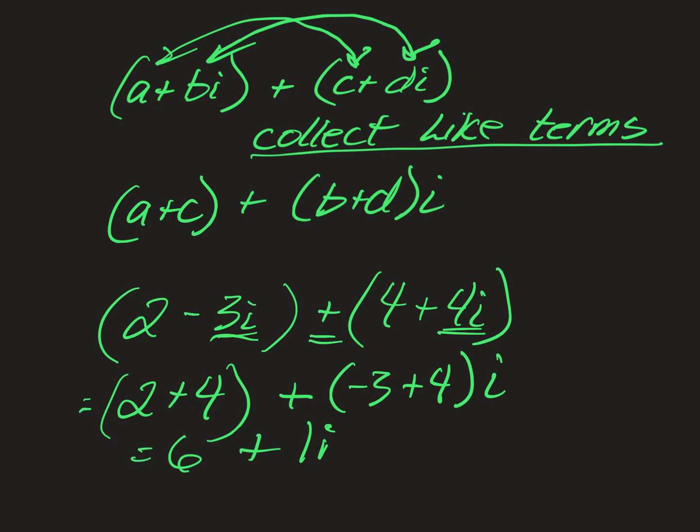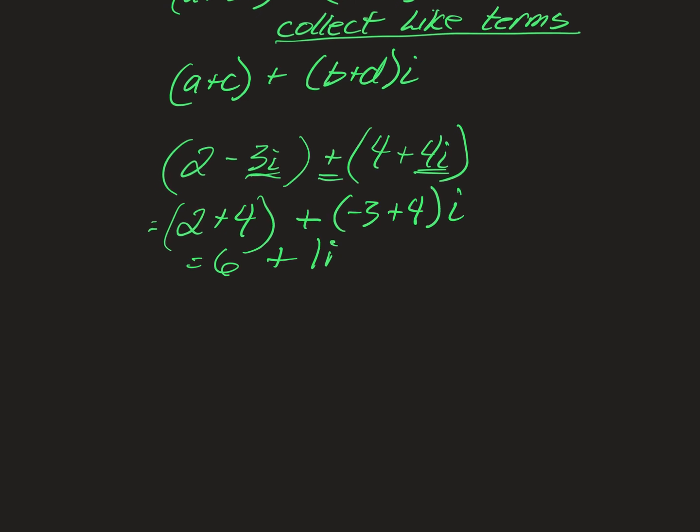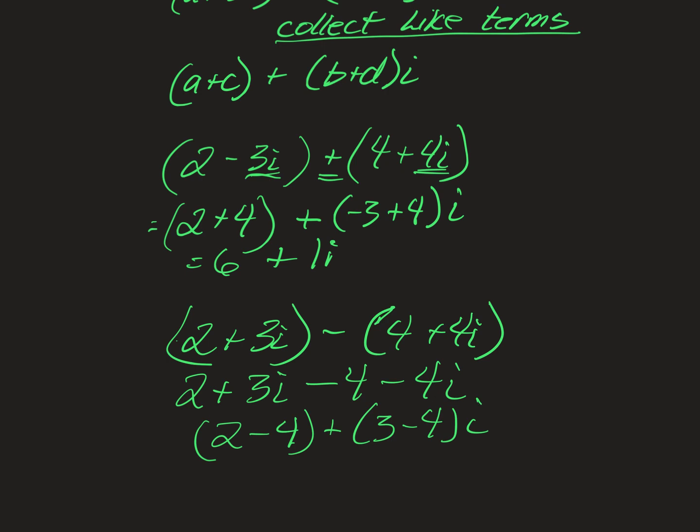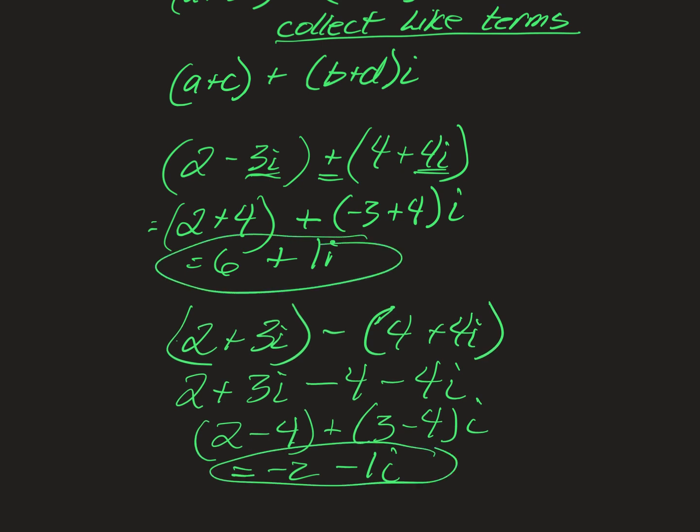If you subtract, we can do the same thing here. 2 plus 3i minus 4 plus 4i. The way I do that is I write 2 plus 3i minus 4 minus 4i, and then I collect like terms. 2 minus 4 plus 3 minus 4 times i, which is negative 2 minus 1i. Okay? So, collect like terms is how you add and subtract complex numbers.